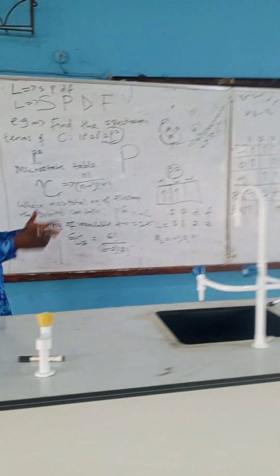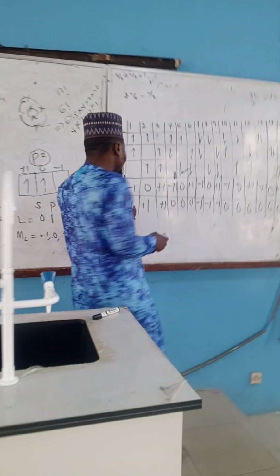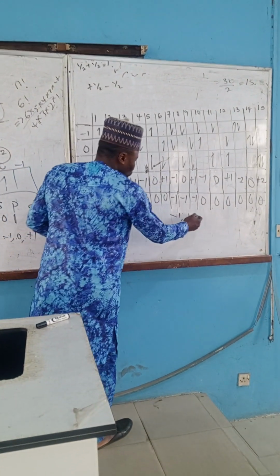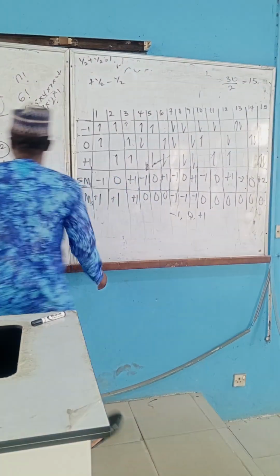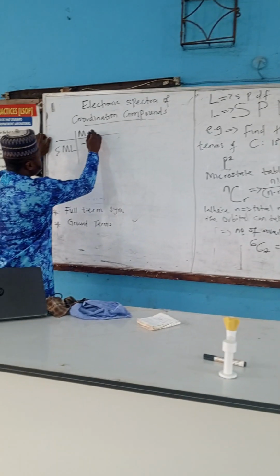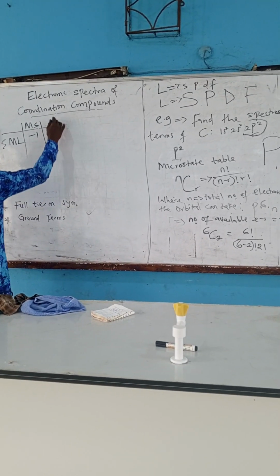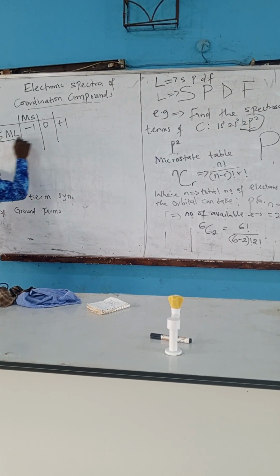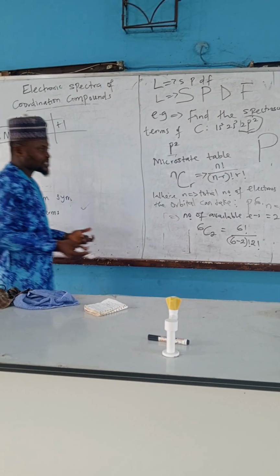Now, the MS, what is the range? For the MS, we have minus 1, we have 0, and we have plus 1. So those are the things we are going to be listing: minus 1, 0, plus 1. Are we there? For the ML, what is the range?